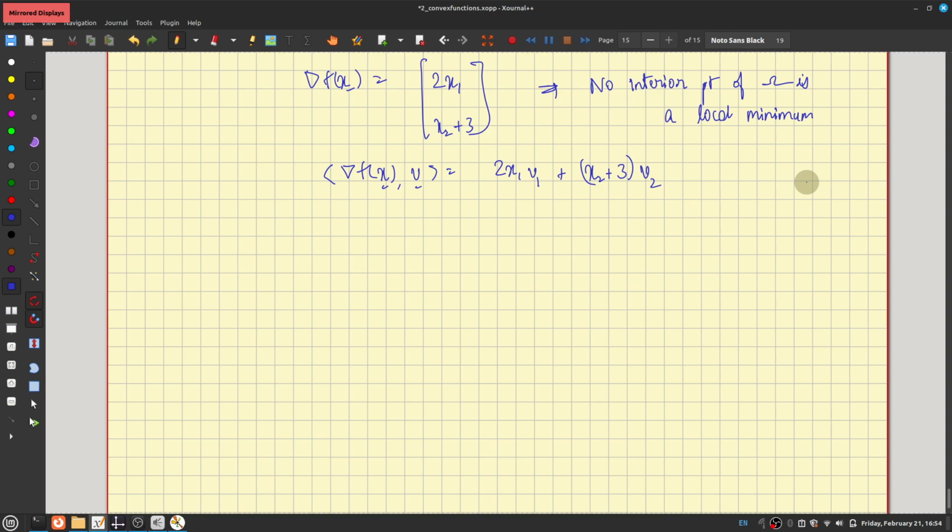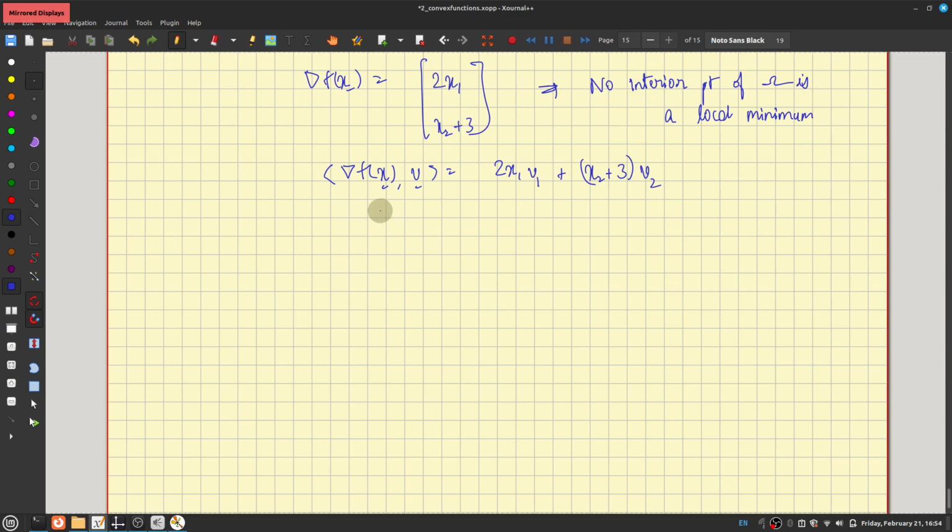Okay, that's good. Now we have to verify whether there are other points which are local minima or not. And that you can't simply verify just by looking at the gradient or whether the directional derivative is 0 or not. We have to verify that for every feasible direction, the directional derivative is positive for it to be a local minimum.